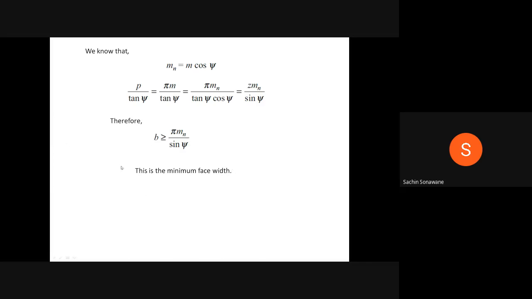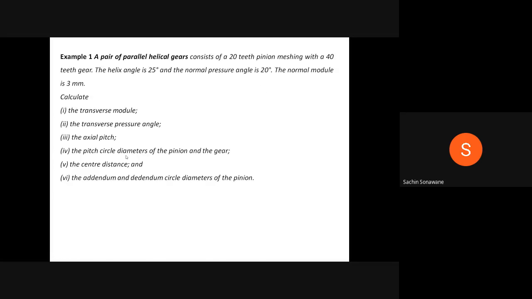Therefore, based upon this, we will solve a problem now. Write down this problem. Example 1. A pair of parallel helical gears consists of a 20 teeth pinion meshing with a 40 teeth gear. The helix angle is 25 degree and the normal pressure angle is 20 degree. The normal module is 3 mm.